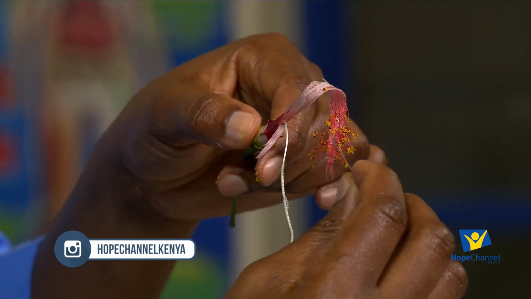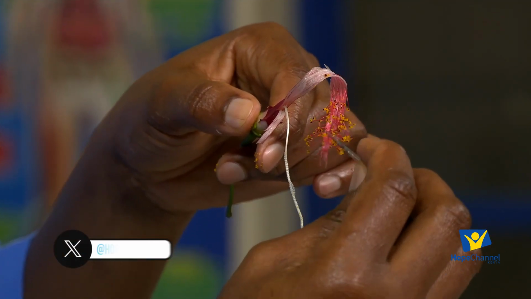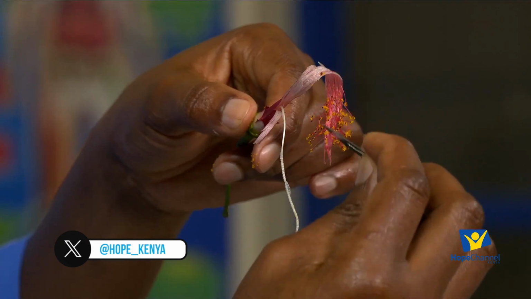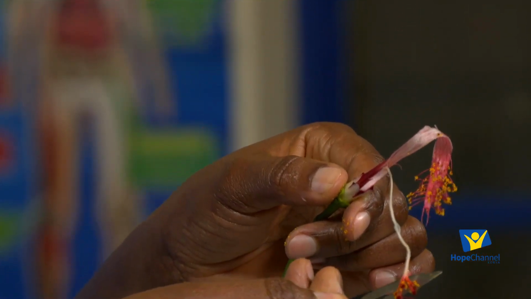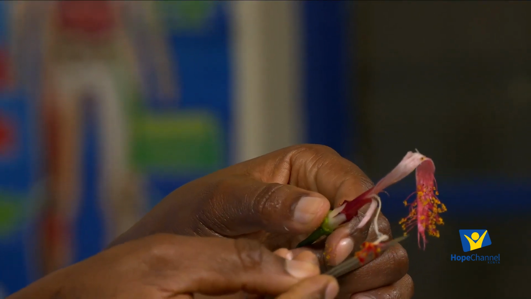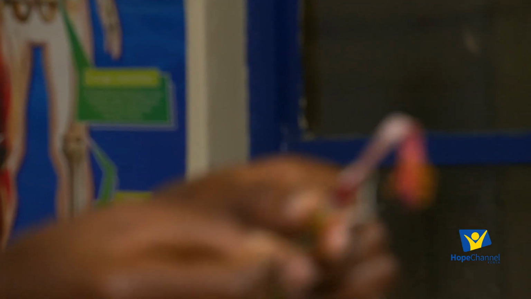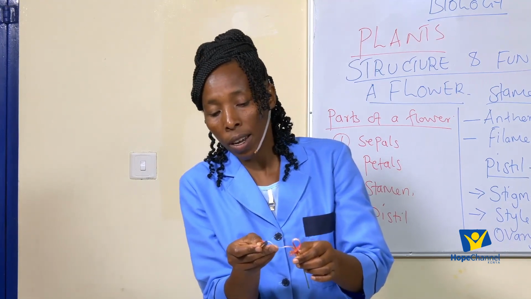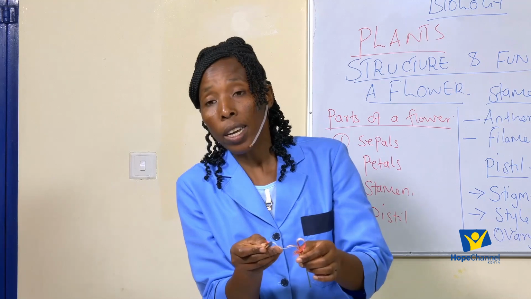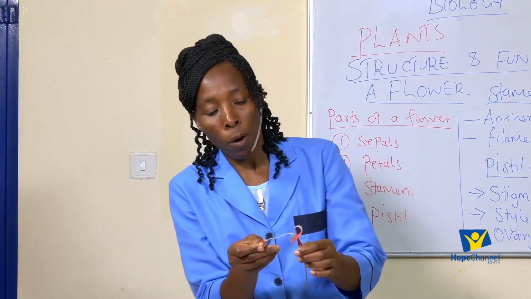Pollen grains are produced by the anthers. So we expect the anthers to produce the pollen grains, and that's where you can see some of the pollen grains have stuck on the stigma. Remember, we said we are going to learn more on pollination so that we understand why pollen grains stick on the stigma of a flower.